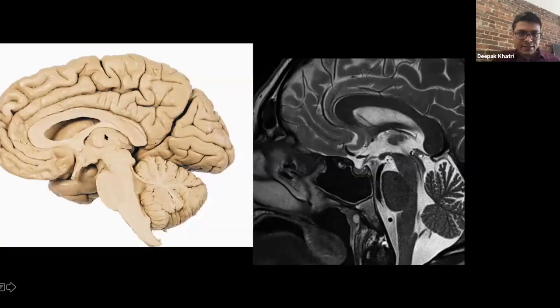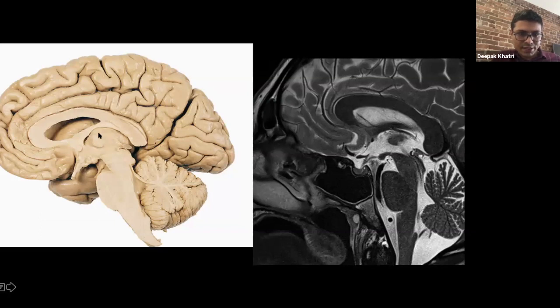Now this is a sagittal view. The brain is cut in half in the midline, and you can appreciate that this is the corpus callosum, which runs over the lateral ventricle, which is a small cavity. This small projection in the lateral ventricle is the caudate, and here is the thalamus.